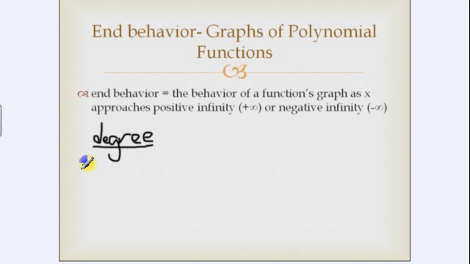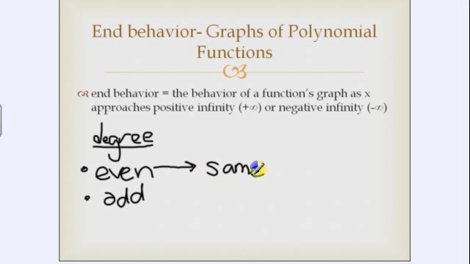So what we want to look at with the degree is, is that whole number odd or even? Well, if the degree is even, then the graph will do the same thing for the right and left end behavior. So even degrees have the same end behaviors.